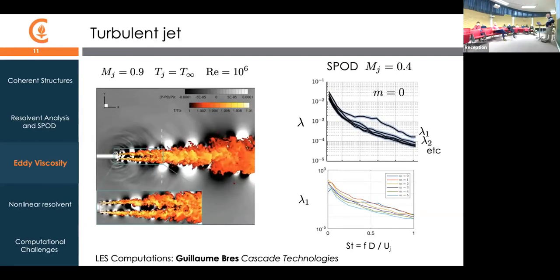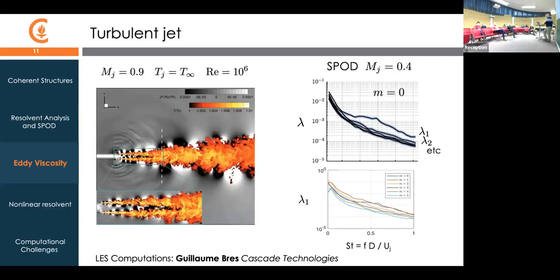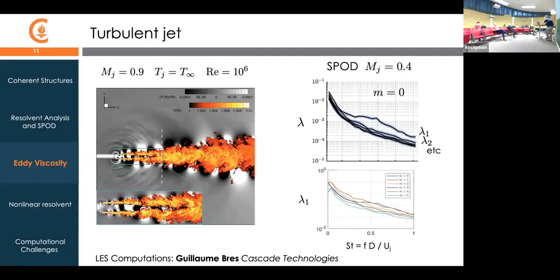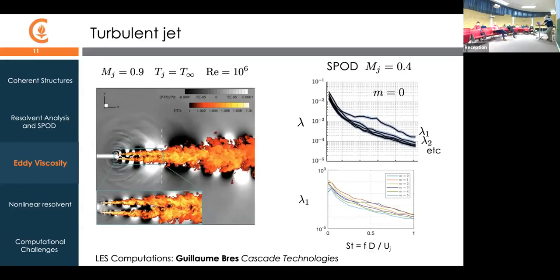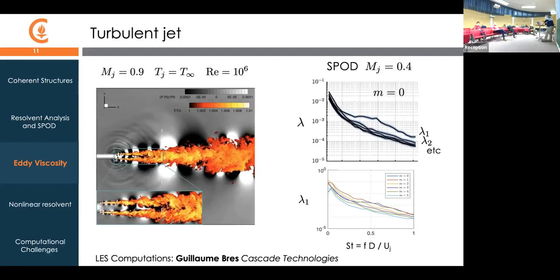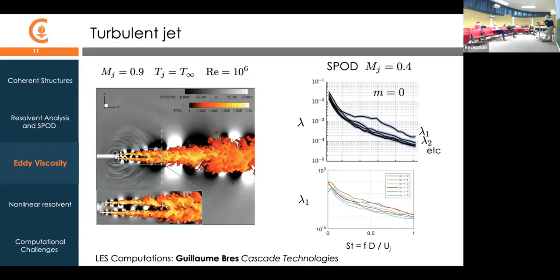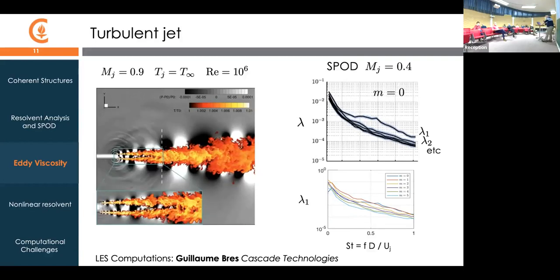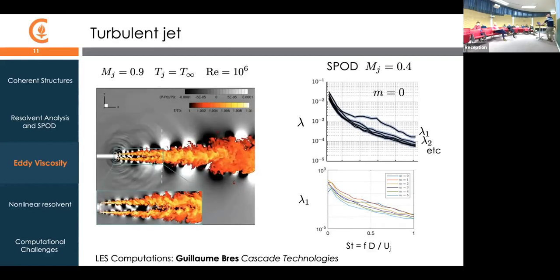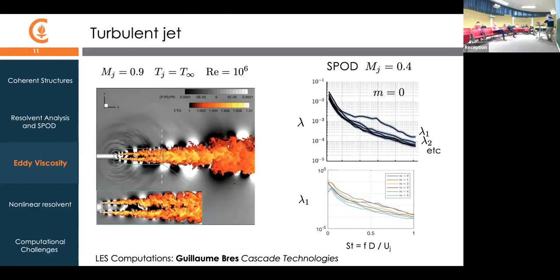And so I'm going to jump in here by showing you over on the right the SPOD spectrum for this flow. The jet is axisymmetric on average, and so in addition to our frequency decomposition, in this part of the talk you're going to hear about azimuthal mode numbers m. Those are the azimuthal Fourier transform of the jet. What I'm showing you on the top plot is the SPOD spectrum for the axisymmetric part.